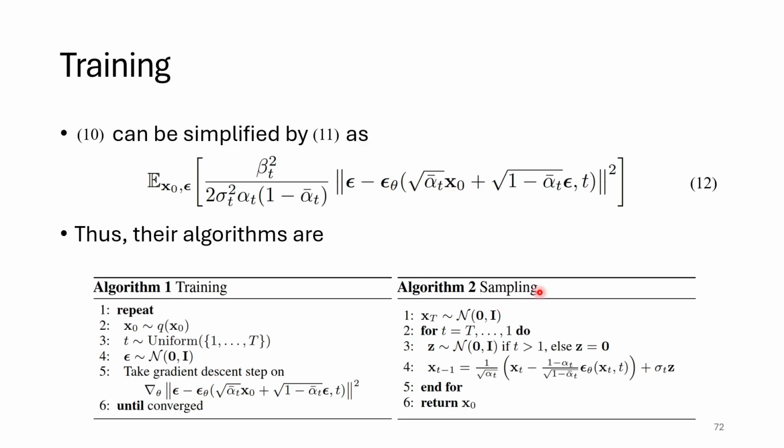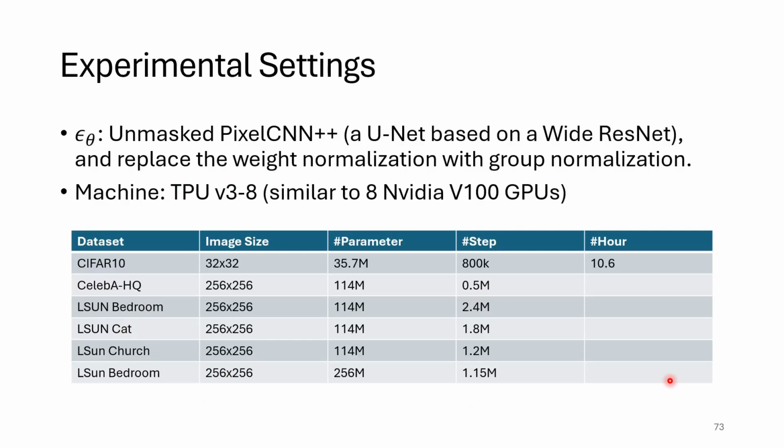Then in their sampling step, given a random noise, they reversely generate, using the predicted noise to reconstruct the image, and plus a random noise. Okay, so that's the process. Let me skip the details here.